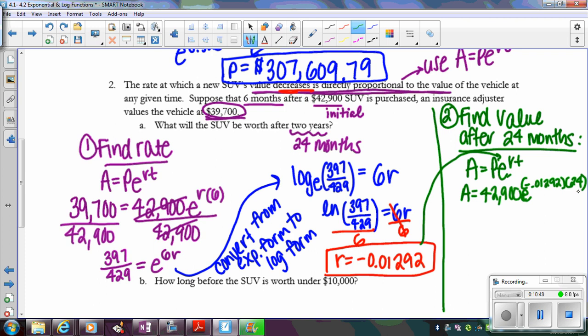Instead of plugging in 2, I have to plug in 24 months because I used 6 months to find the rate. Then I can put this whole thing in the calculator, get a number, and I'm getting $31,462. I don't know what happened there.